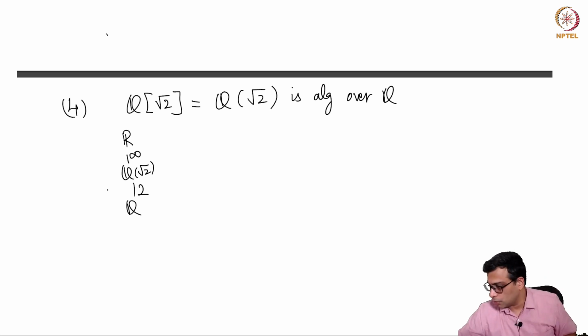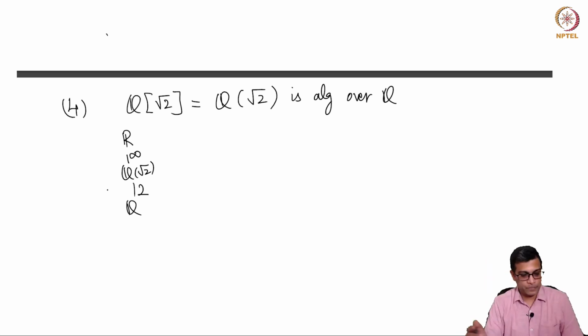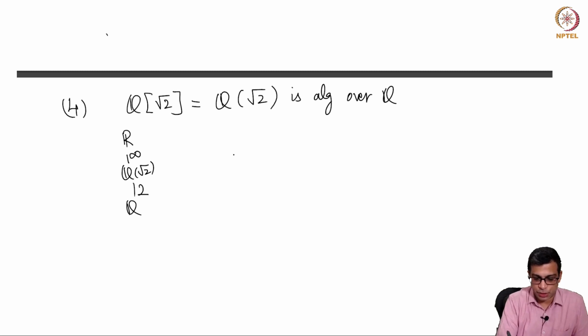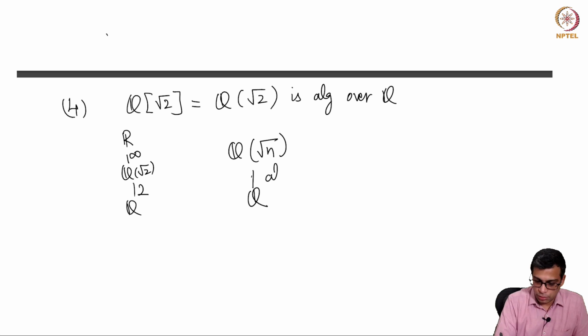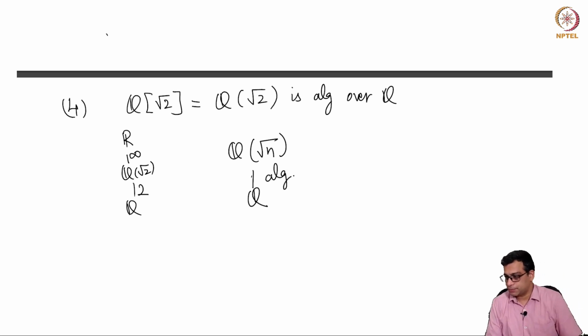Okay, so similarly this generalizes to Q(nth root of 2), which is algebraic for all n. Okay, so some other examples.